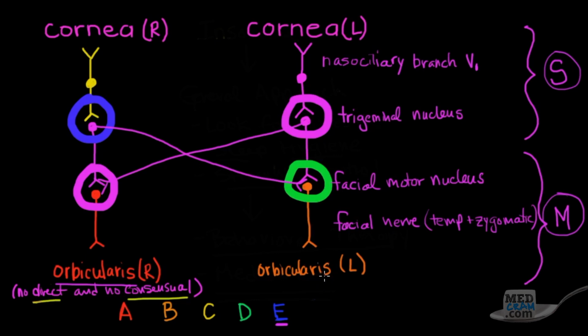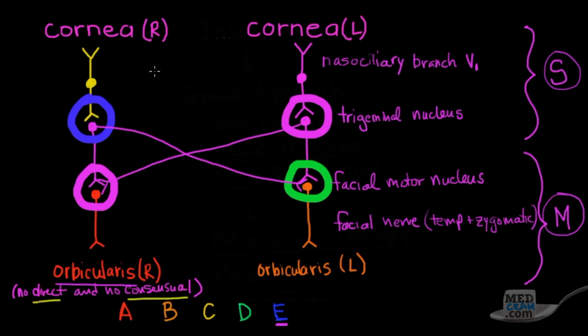Similarly, if we were to go to the left cornea, this would come down and go across without a problem, but again, you would have the same problem on the left-hand side. So in other words, one eye is always working and one eye is always not working. And so when you have that kind of a dichotomy, you have a motor problem. And in this case, it's the facial motor nucleus.